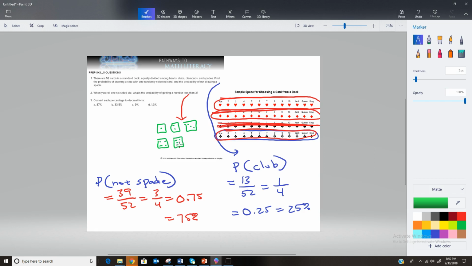And they want to know the probability of less than 3. So less than 3 would be 1 or 2. So those are the two that are less than 3. So 2 out of the 6 faces are less than 3. You could reduce that to 1/3.